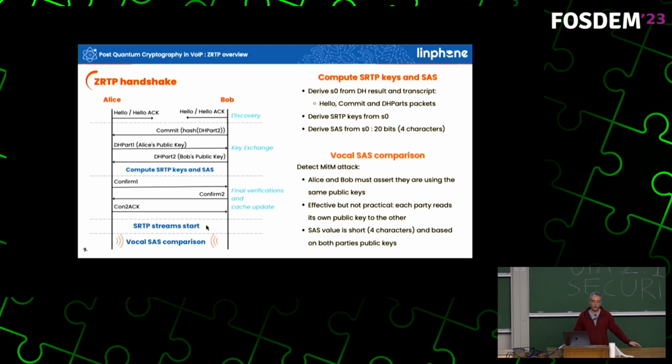But the key is a few hundred bytes, so it's a bit long to read a few hundred bytes of hexadecimal chain over the phone. No one will do that. So instead, we derive a short authentication string, which is only 4 digits, derived from 20 bits. This SAS is also derived from the secret S0, the output of the protocol.